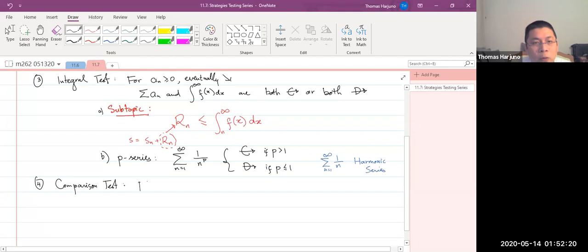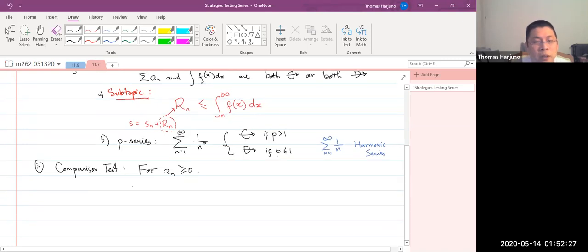Okay, so for a sub n non-negative, actually both of them, a sub n and b sub n, and the series a sub n is less than or equal to the series b sub n, if the upper series is convergent, then the lower one is convergent.